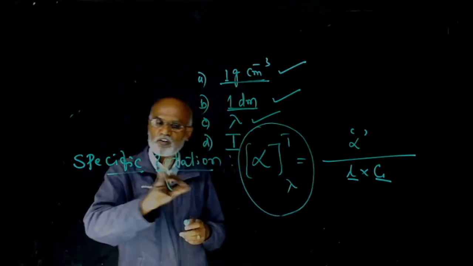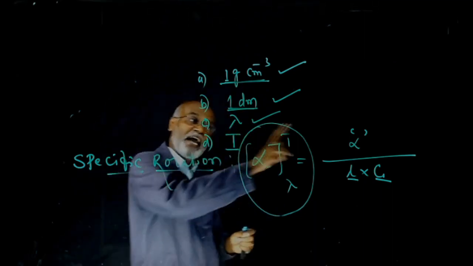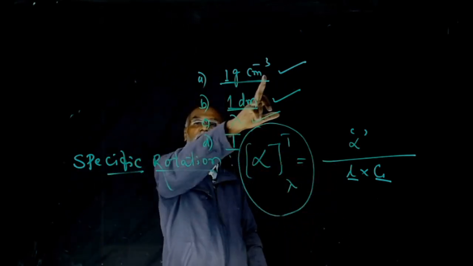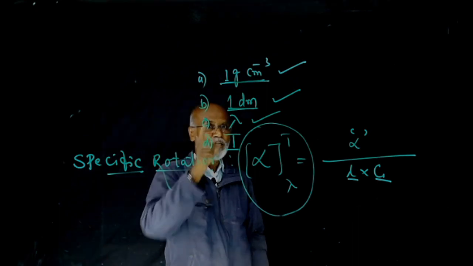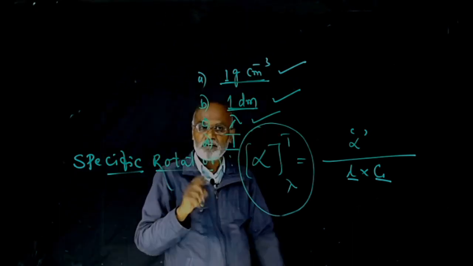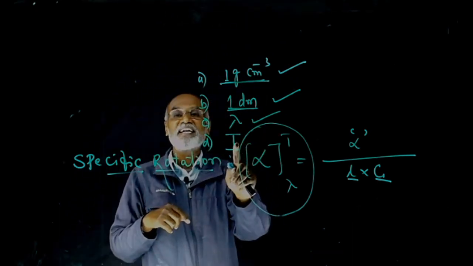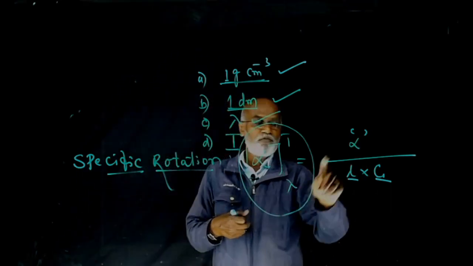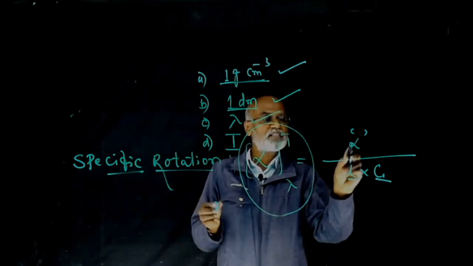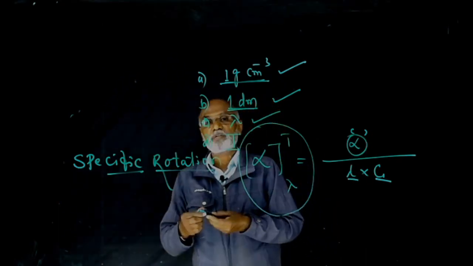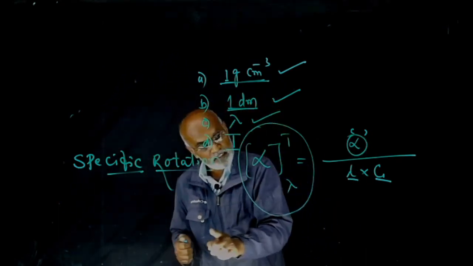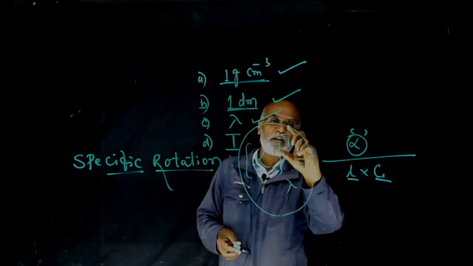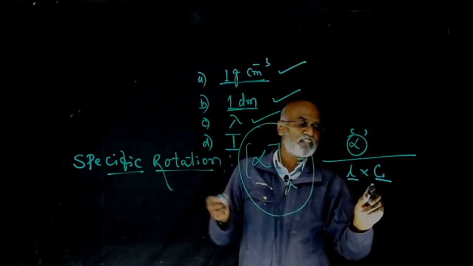So specific rotation is defined as the angle of rotation caused by an optically active compound with a solution concentration of 1 gram per cm cube with a solution length of 1 decimeter for a given wavelength at constant temperature. Then the specific rotation is given by alpha divided by L into C, where alpha is the angle of rotation observed at the time of doing the experiment, L is the length of the solution taken in the polarimeter tube, and C is the concentration of the solution.